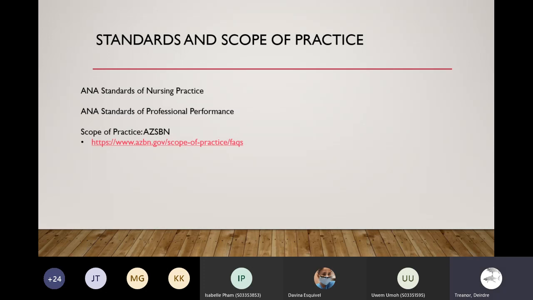So in nursing, you start as a novice, and there's Benner's stages from novice to expert. So novice is a beginning nursing student or a grad nurse with no previous level of experience. An advanced beginner has a level of experience.